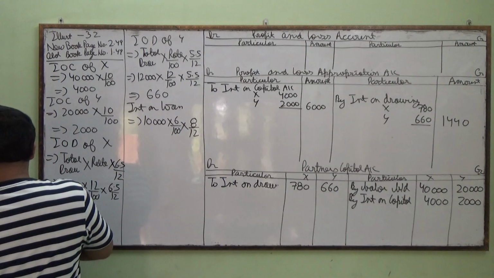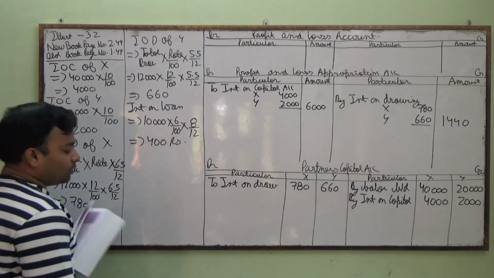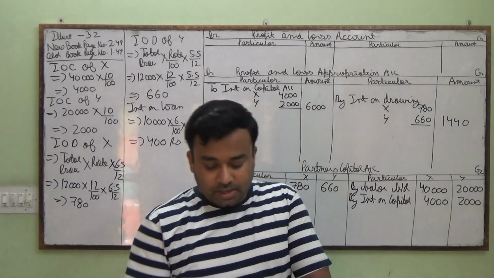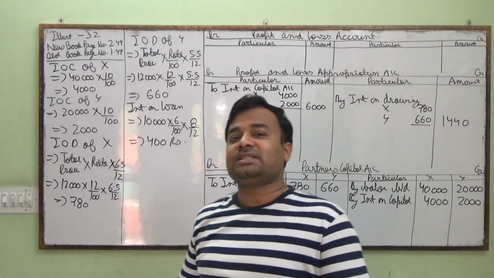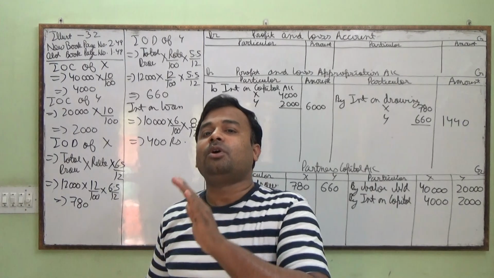So the interest amount is 400. Interest on partner's loan is treated as a revenue expense, and revenue expense will be transferred to profit and loss account.